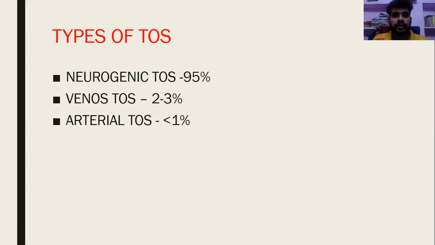When the shoulder veins are compressed, venous TOS is present, and when the arteries are compressed, arterial TOS is present. Arterial TOS is present in rare conditions. Venous TOS is generally seen in 2 to 3% of people, and we see neurogenic TOS the most.